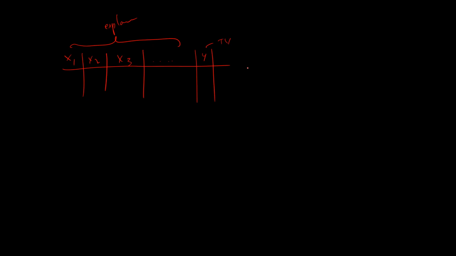What this assumption says is that if I do a scatter plot with respect to one independent variable and my target variable, I need to get a linear relationship. So how do I verify this? Any ideas?